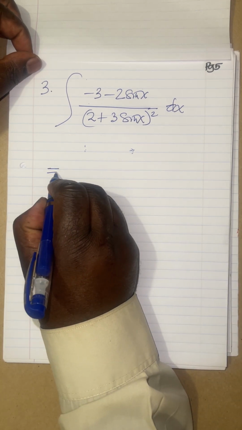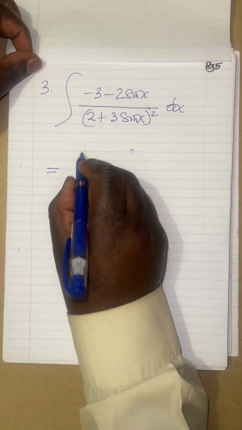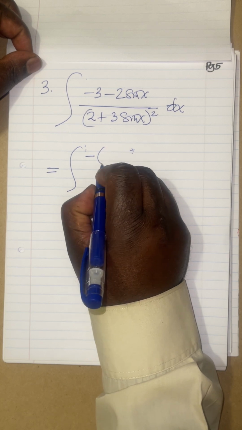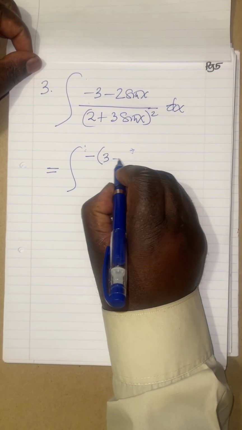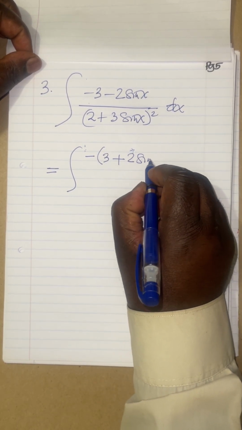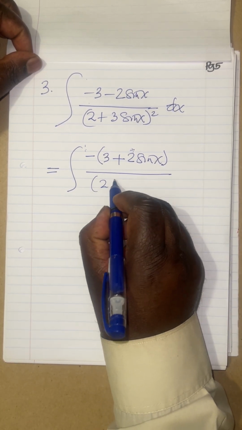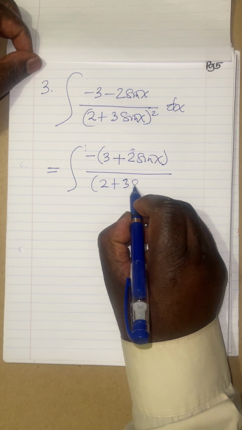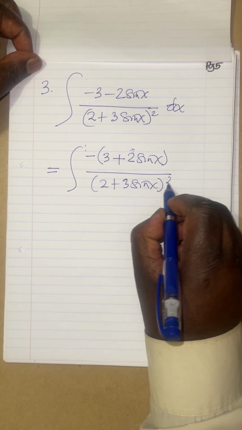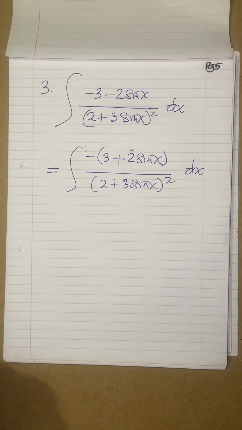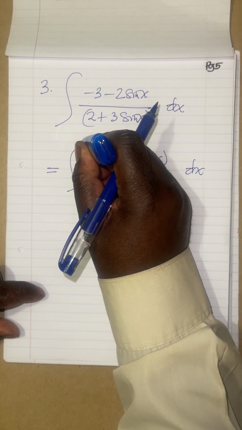Like I said, first step, factorize the numerator. So this is integral of minus, if you like, minus 1, but I'm just going to put minus 3 plus 2 sine x, and then I have in the denominator 2 plus 3 sine x all squared dx. Now, let me just clean up a little bit here.